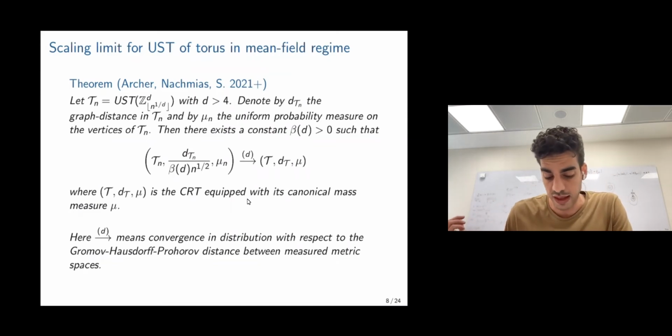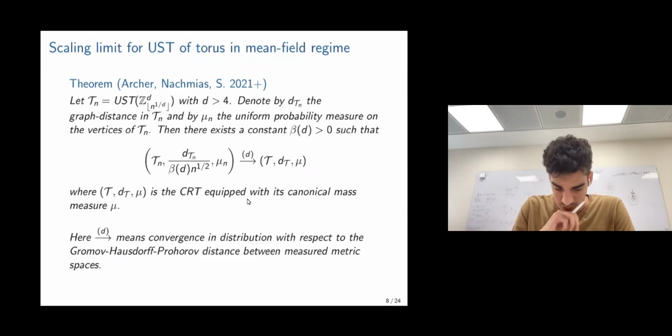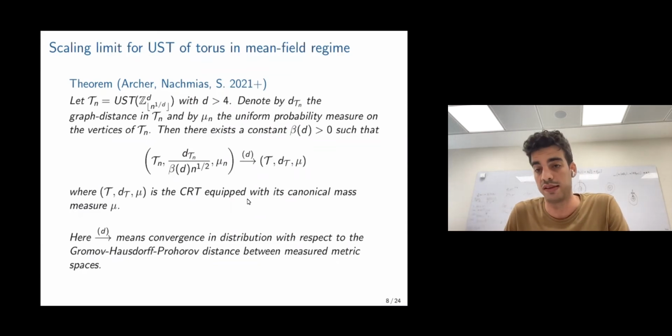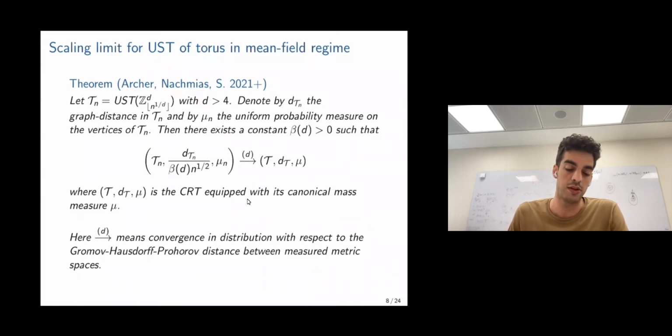And what we get is the same behavior as in the complete graph. If we scale these properly, meaning by some constant times square root n, then as random metric measure spaces, they converge to the same CRT with respect to the same GHP topology.